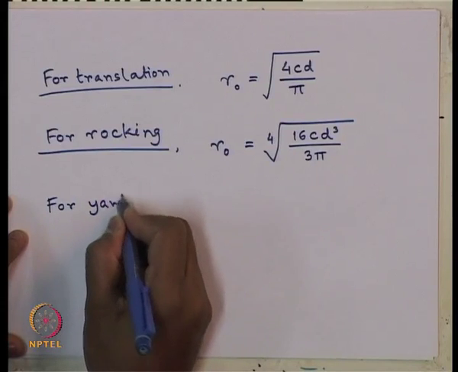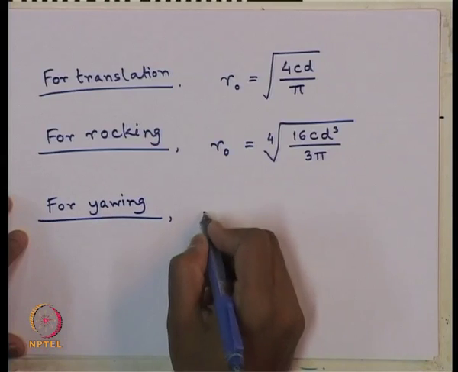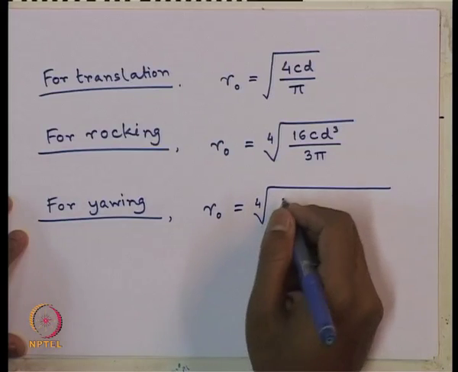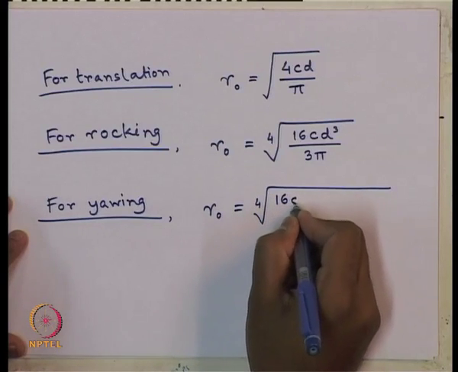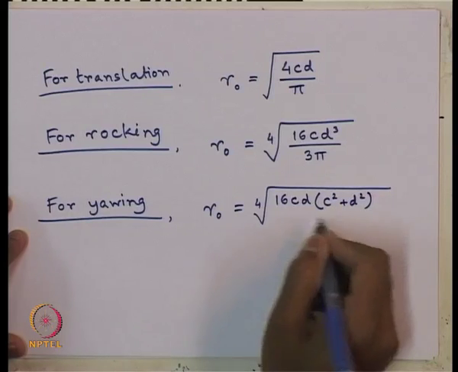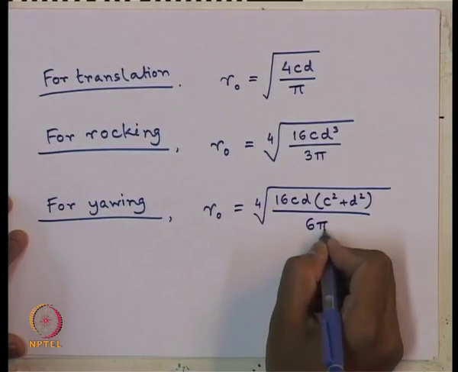mode of vibration, R naught is calculated using this expression 4th root of 16 C d times C square plus d square by 6 pi.